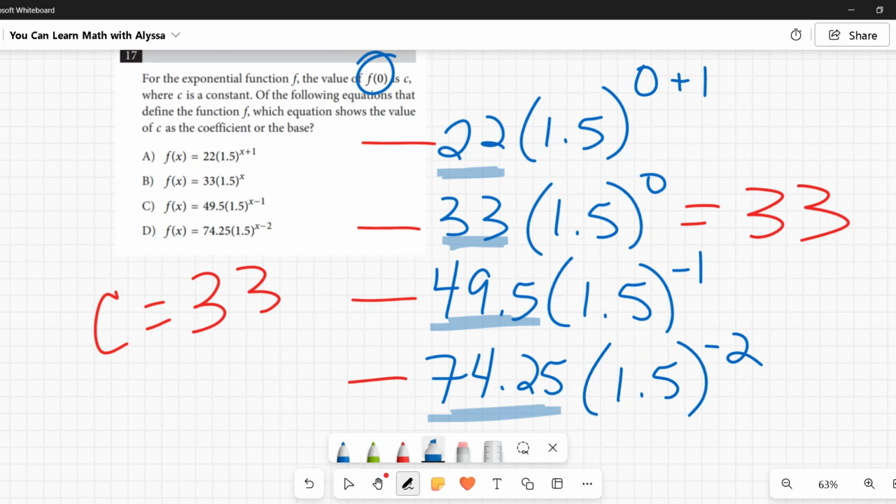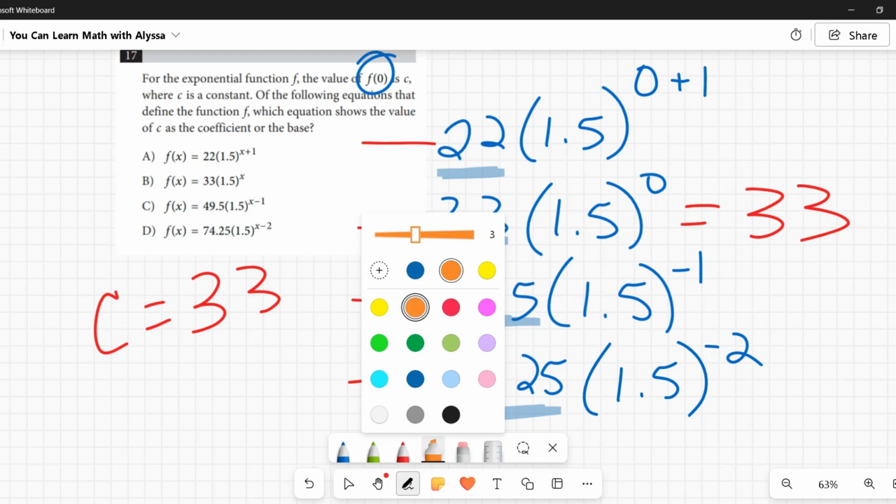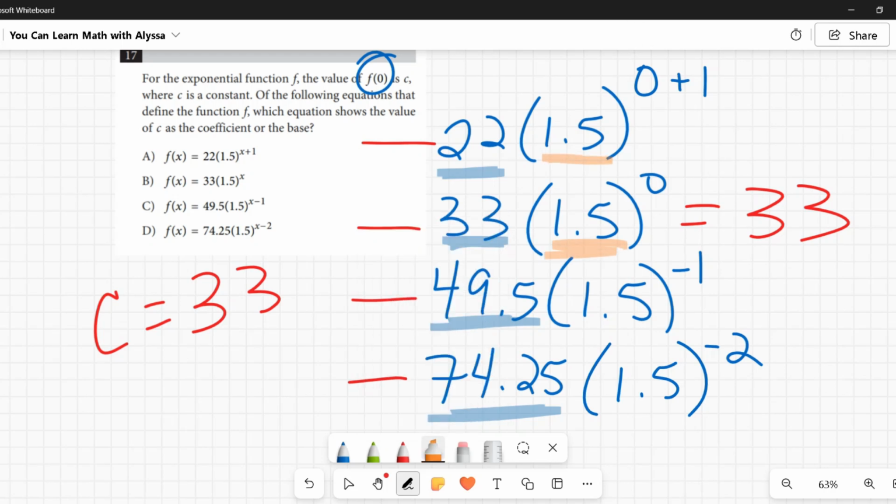And what is the number that goes to the power? That is the base. So each of these has 1.5 as the base of its little exponential, and then it has a coefficient out front. For A, the coefficient is 22, B, it's 33, etc. So it's saying which of these has 33 as its coefficient or its base?